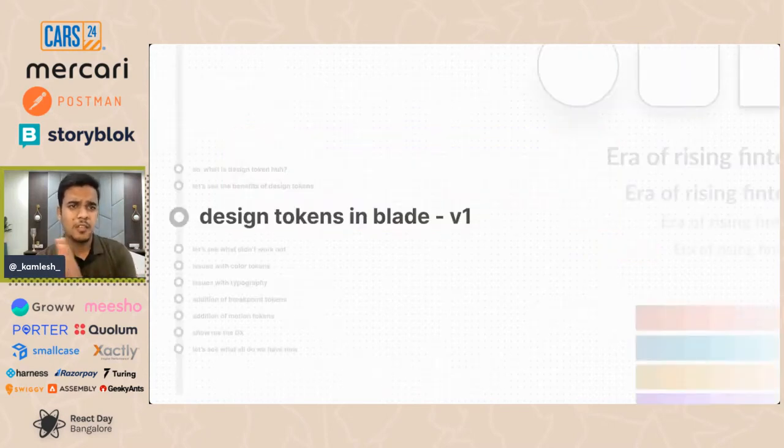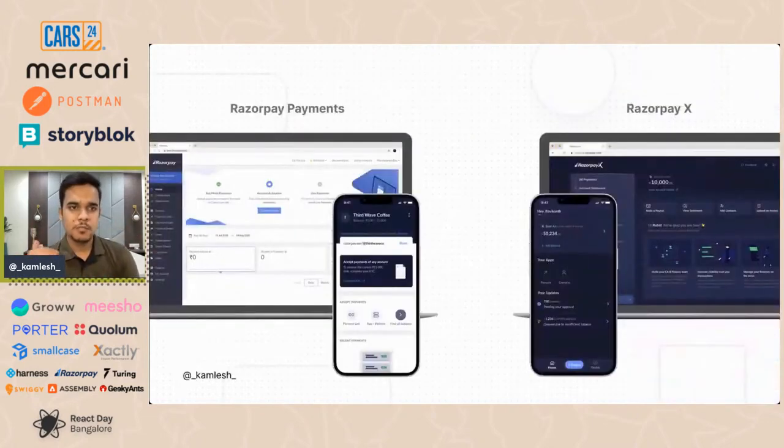Now let's move on to the design tokens in Blade, which is our design system at Razorpay, in V1. Like when we started initially, that's why it's called V1. Just to set the context, we have different products that run across different platforms, on web and on mobile app, with different branding, different themes, colors, everything.